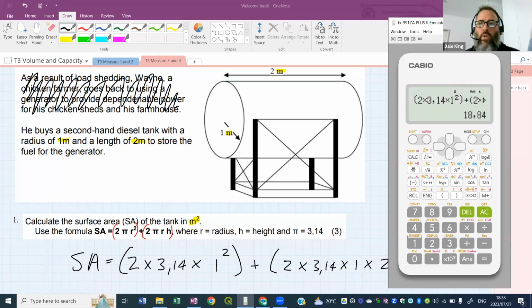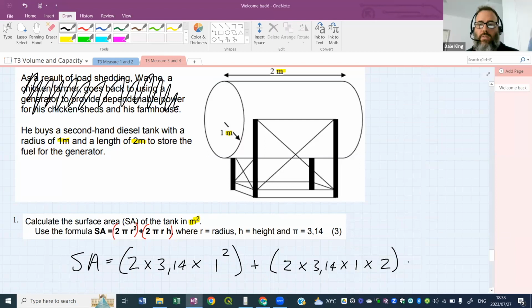18.84. All right. Now I know people are saying, hold on. Why am I getting 18.85 something? I think the people that are getting 18.85 are using pi as 3.142. Check what I have written there in my formula.